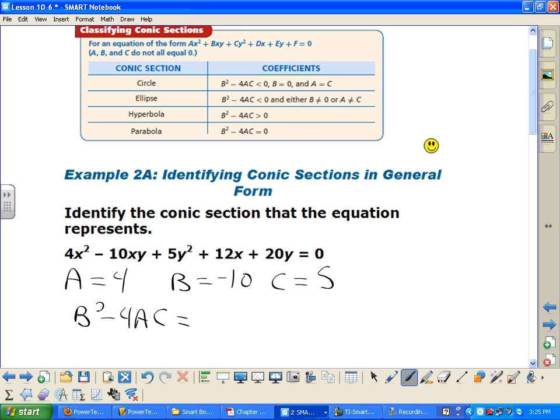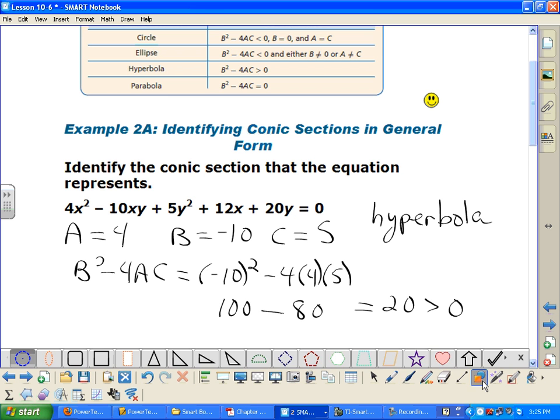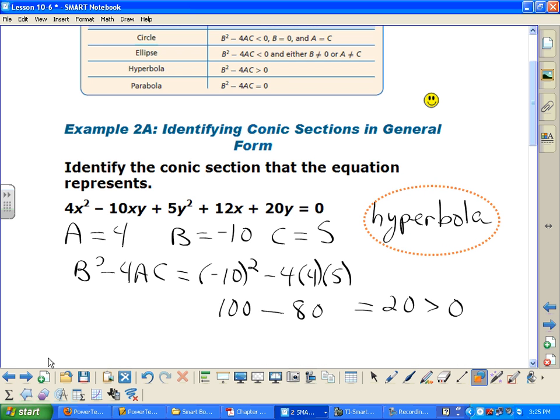So in this case, that would be negative 10 squared minus 4 times 4 times 5. So we will get 100 minus, let's see, that's 20 times 4 is 80, which is 20. And since that is greater than 0, this would be a hyperbola.